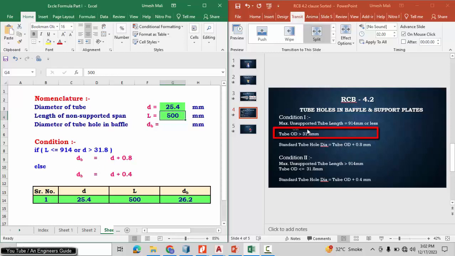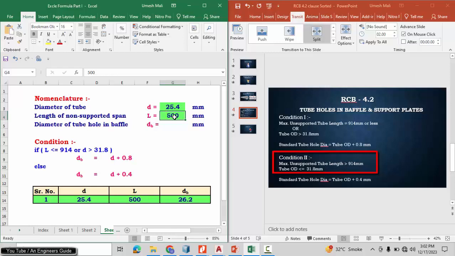Now let's check condition 2. In condition 2, maximum unsupported tube length is greater than 914 mm and tube OD is less than or equal to 31.8. So here my unsupported tube length should be greater than 914 mm.